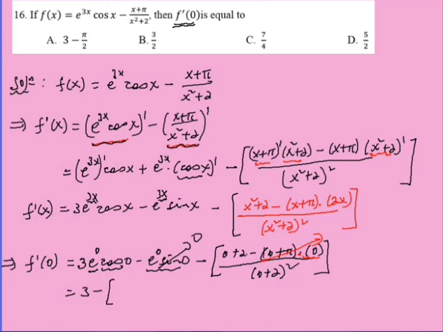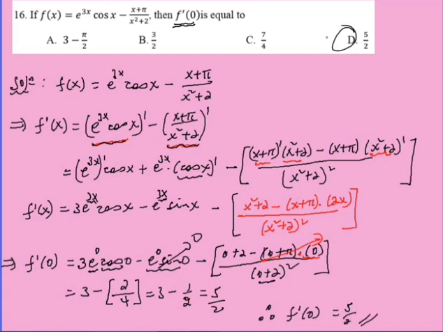Therefore here we will have 2 over 2 squared, which is 4, so this is 3 minus 1 over 2. 2 over 4 means 1 over 2, so this is 5 over 2. Therefore f derivative at 0 is 5 over 2. So our answer will be D.